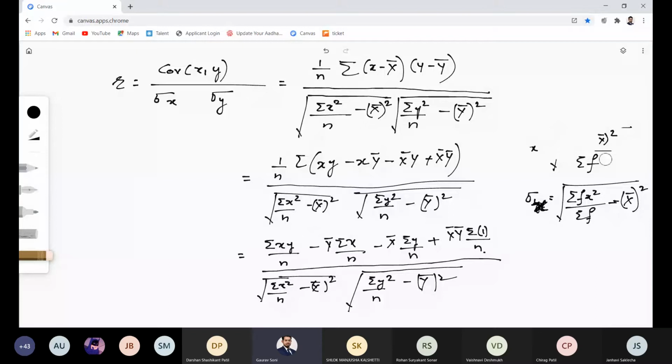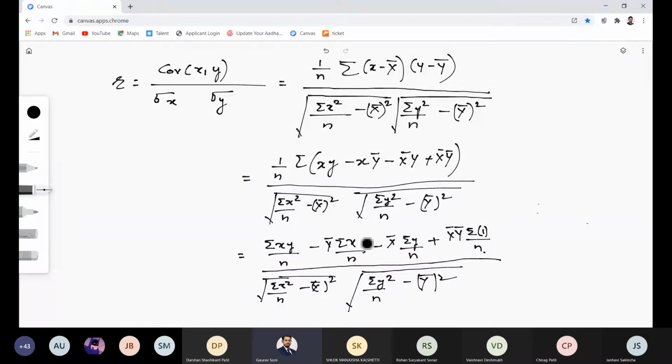So observe the terms in the numerator. If you look at this term, summation x by n, this is x bar. Summation y by n, this is y bar.